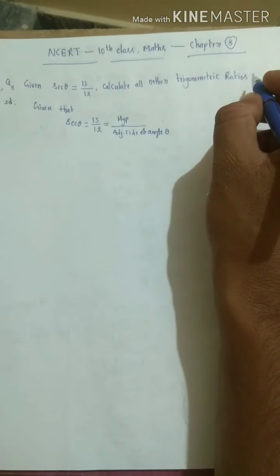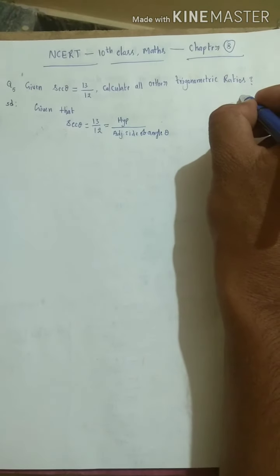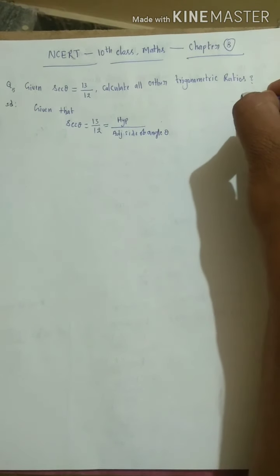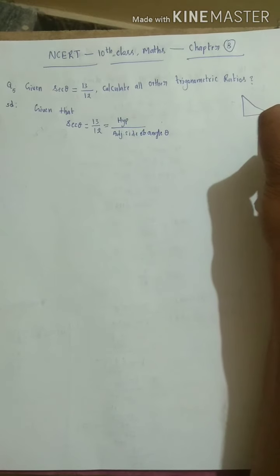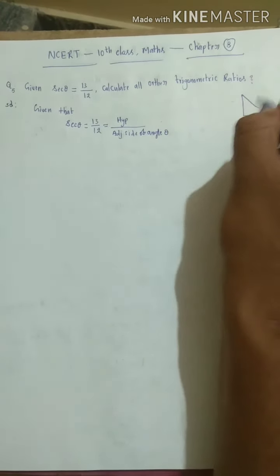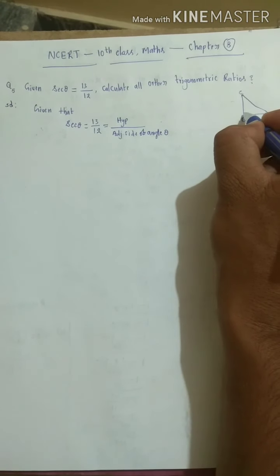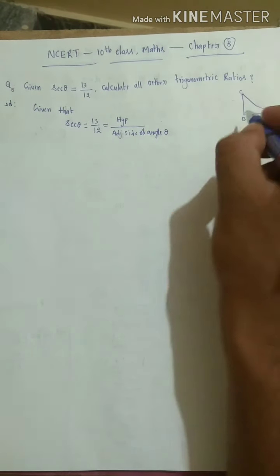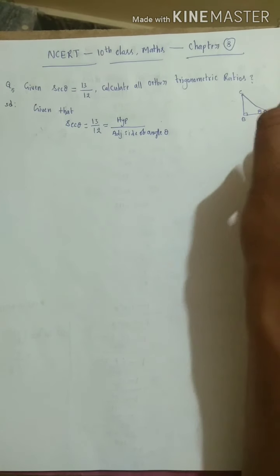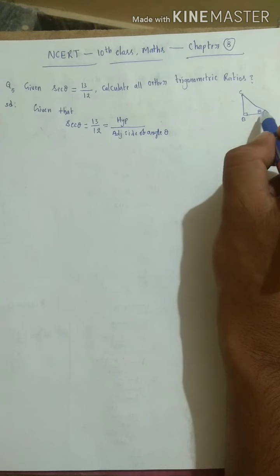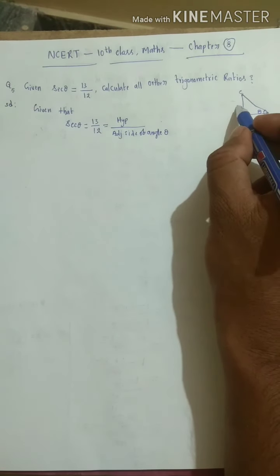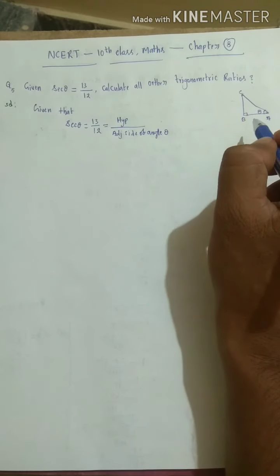We draw a right angle triangle ABC, right angle at B. Theta is the acute angle. AB is the adjacent side of angle theta, BC is the opposite side of angle theta, AC is the hypotenuse.